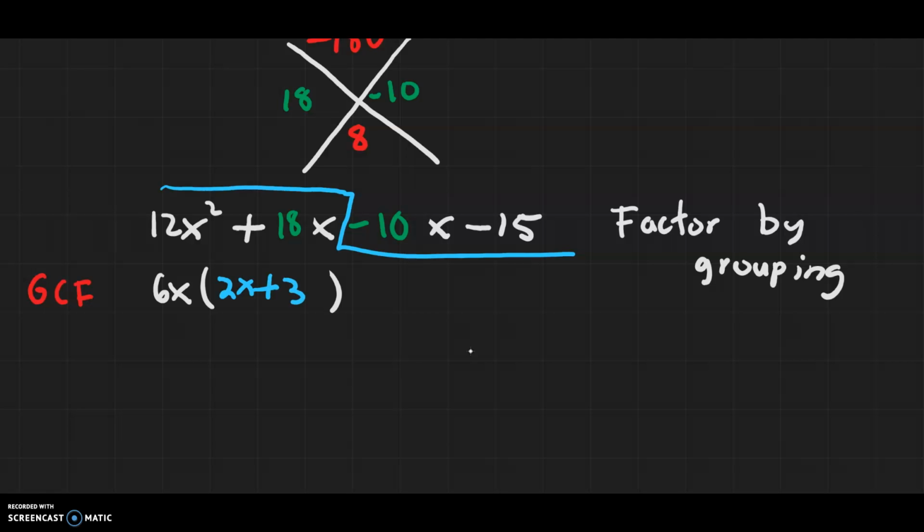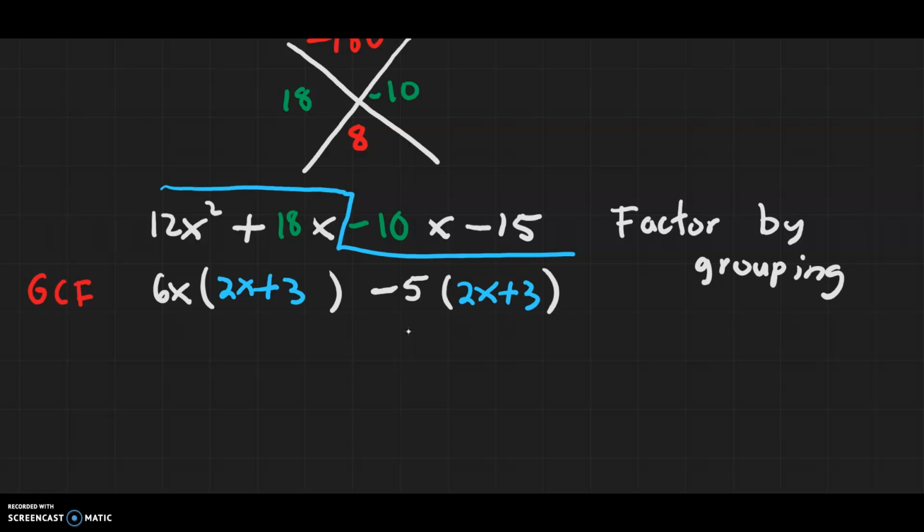So that means we have to have another 2x plus 3 over here. If this is going to work, you need a 2x plus 3 over here. Now I intentionally left a space because we need something to multiply times 2x to get negative 10x. And that would be negative 5 in this case. So I'll go ahead and write down our negative 5 here.